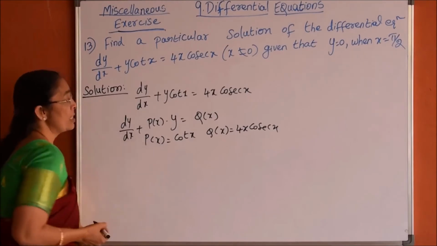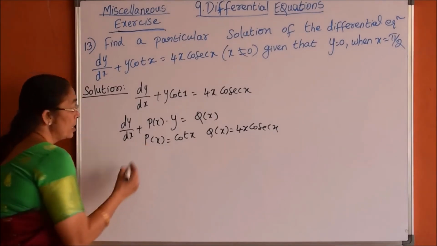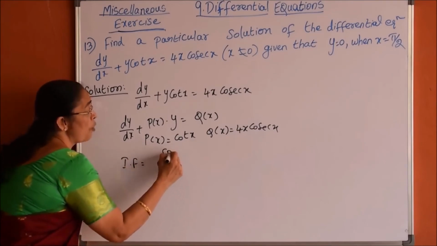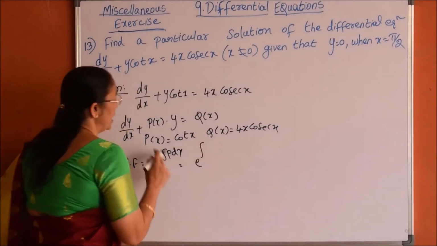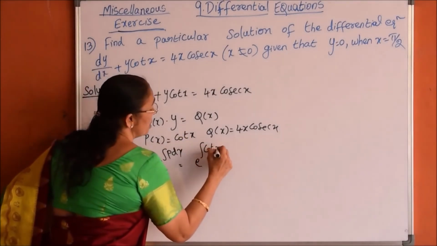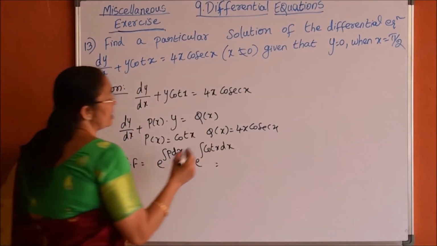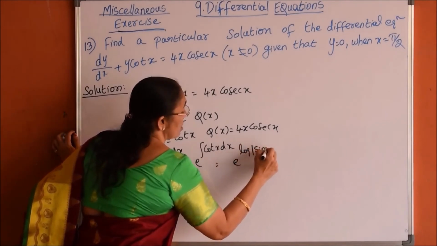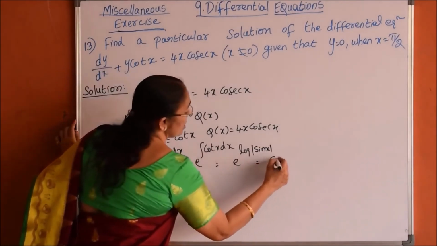For this, we have to find out the integrating factor. The integrating factor is e power integration of p dx, which is e power integration of cot x dx. Integration of cot x is log mod sin x, and e power log mod sin x is sin x.